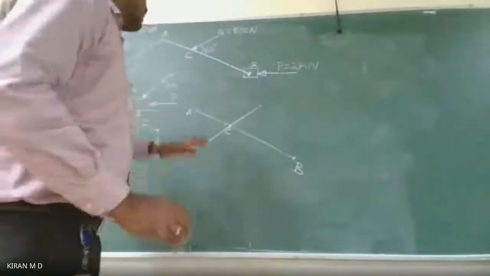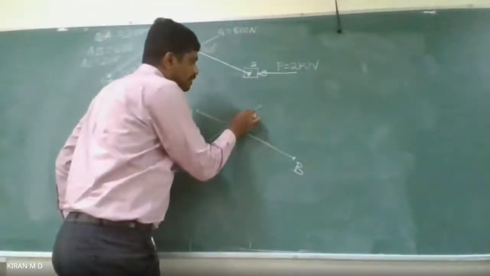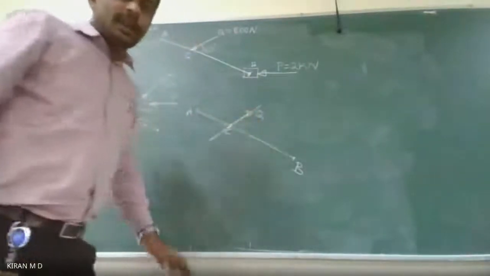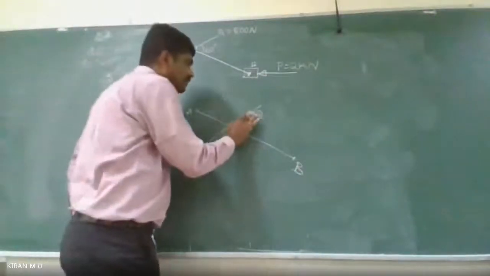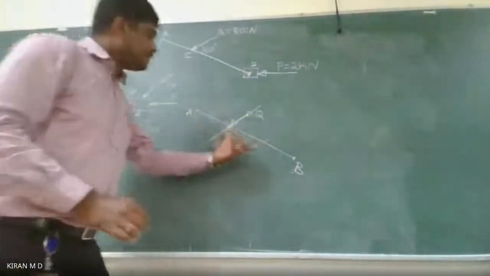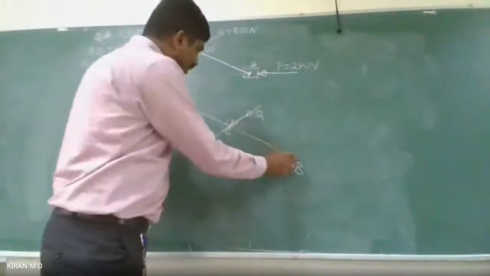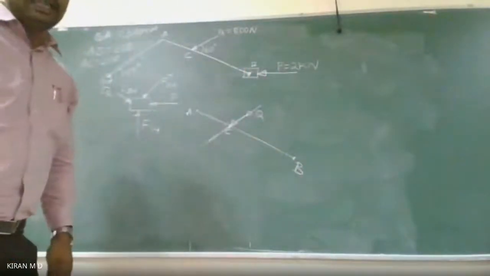Okay, sorry. Now draw the direction of force Q. Are you following what I'm telling now? This is the force Q. Just mark the point at 200 mm. The total length is 600. So just draw this connecting rod line.